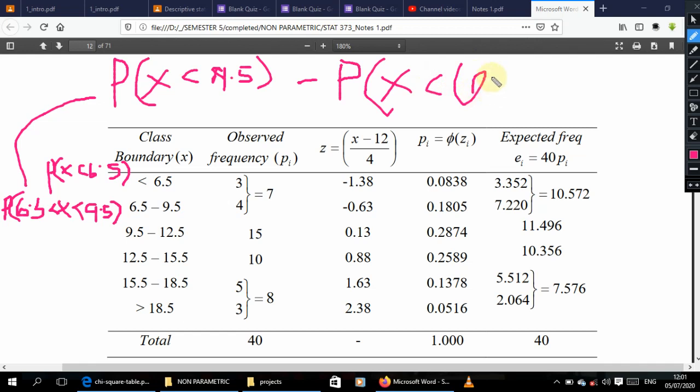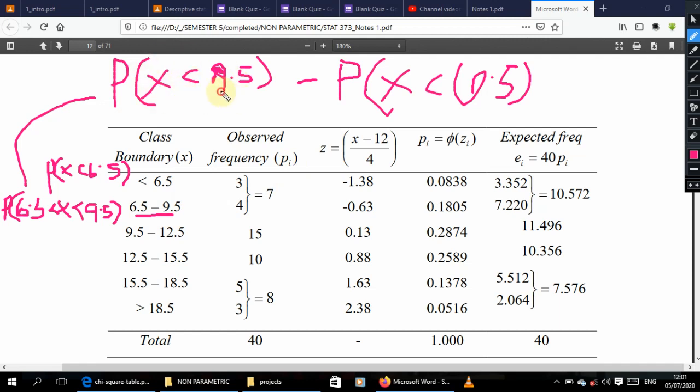Okay. So this is it. Okay, x is less than 9.5 minus x is less than 6.5. This is how you write this interval.